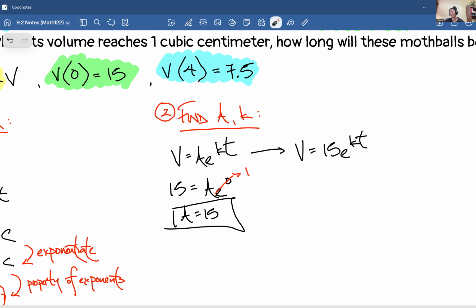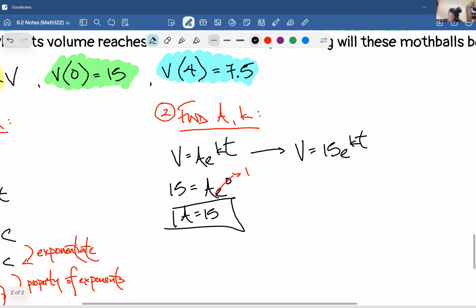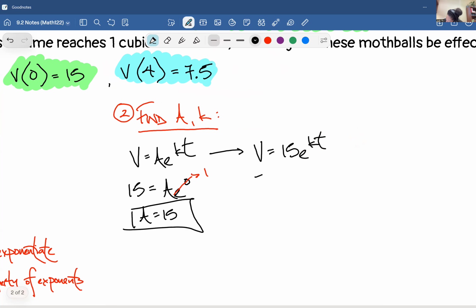Now let's use this second point to help us figure out what our K value is. So I get 7.5 equals 15e to the 4k. I'm going to divide both sides by 15. That gives me 0.5 equals e to the 4k.